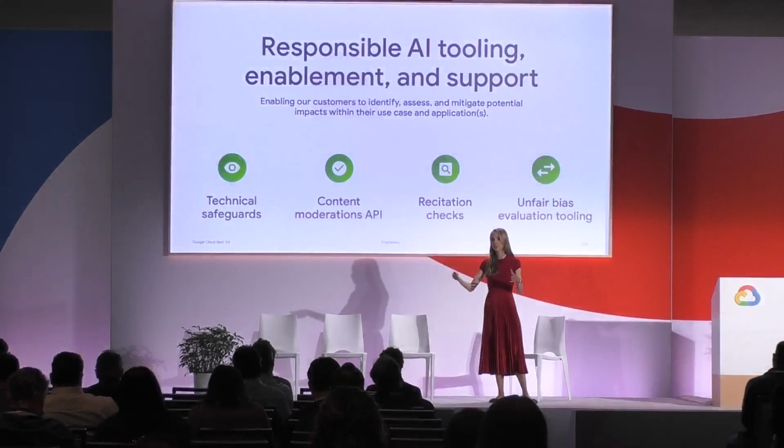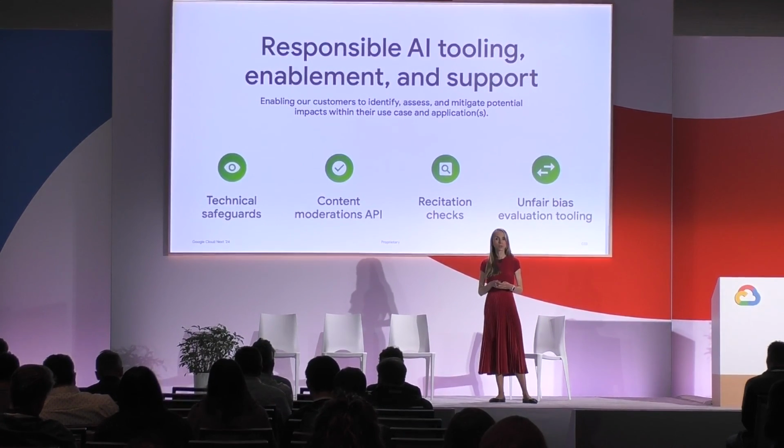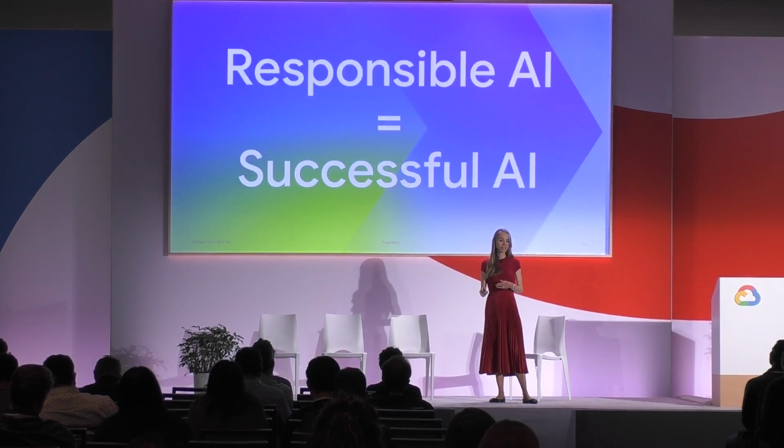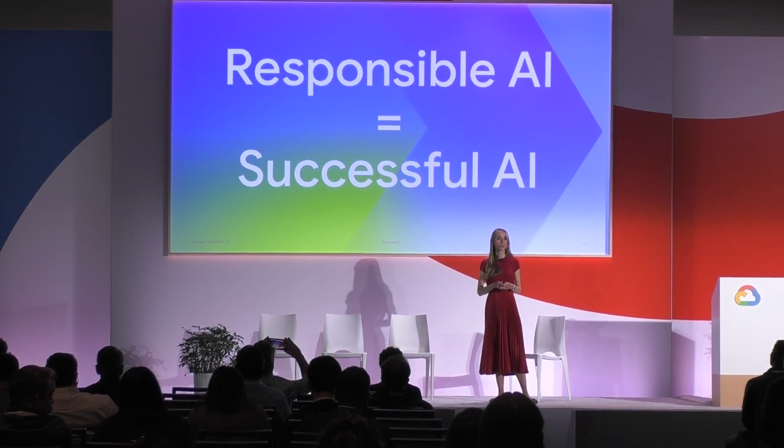I would encourage you to attend the session yesterday on responsible AI, and there is a session on enterprise readiness to deep dive into those areas, because this is what makes or breaks whether you can put it into production. And on a final note, I want to finish with this statement: AI will only be successful if it's responsible. So thank you very much, and I look forward to working with all of you on making that happen.